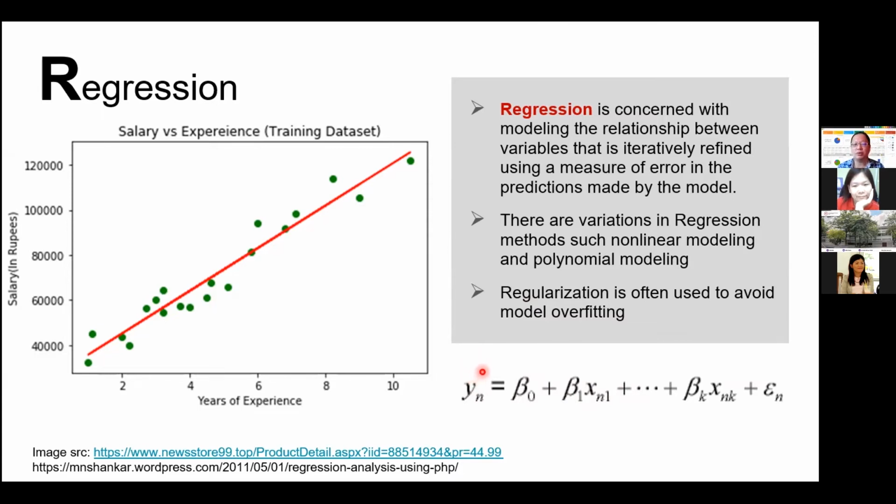For example, we collect information about houses. This house has a two-story building, three bedrooms, two air conditioners. Those are the independent variables that we collected. And then we know the house price. If we have this information, we know the price of this house should be 2 million baht, 3 million baht.